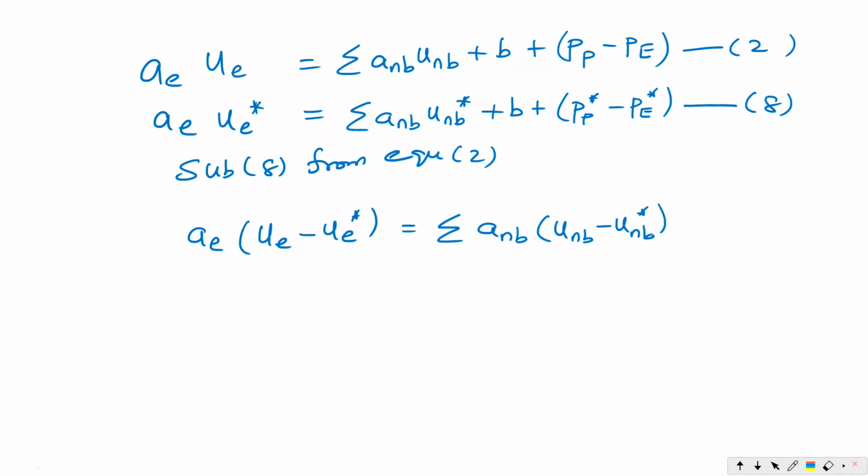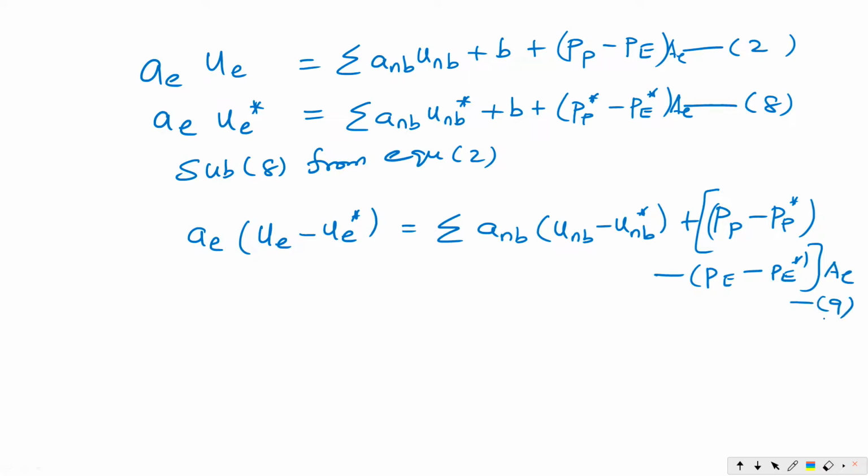This plus B minus plus B will get cancelled because plus B minus B will become 0, plus PP minus PP star minus PE minus PE star, of AE. So here also this term AE will come. Let it be equation number 9.